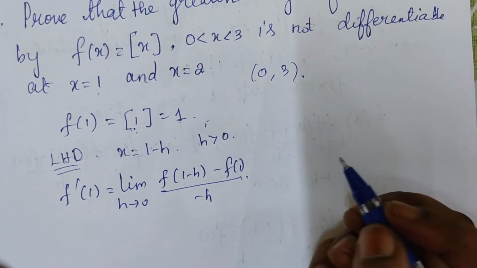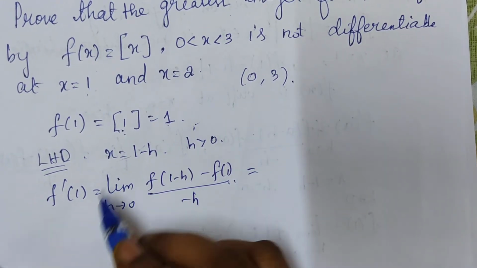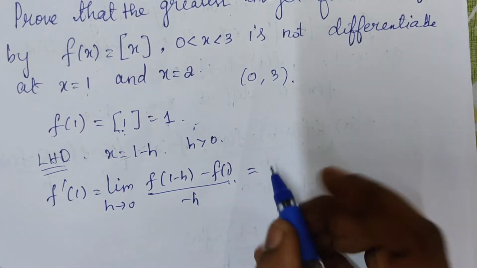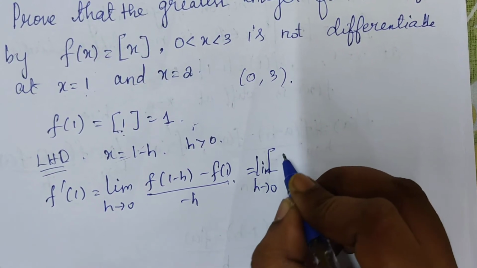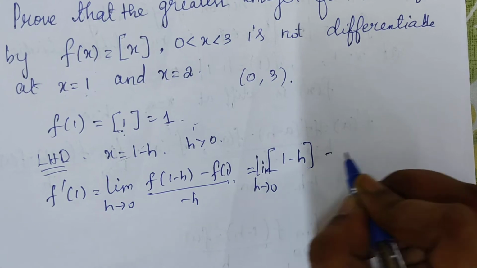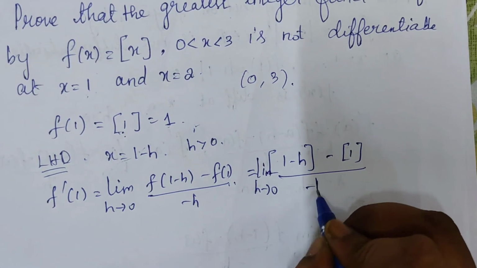This is the definition of the left hand derivative. Now we replace x by 1 minus h in the expression: limit h tends to 0 of f of 1 minus h minus 1, divided by minus h.